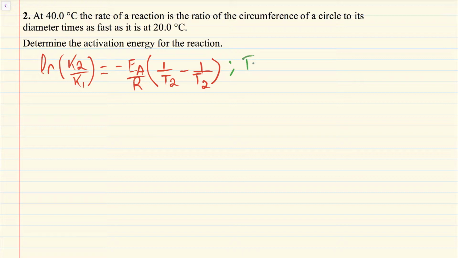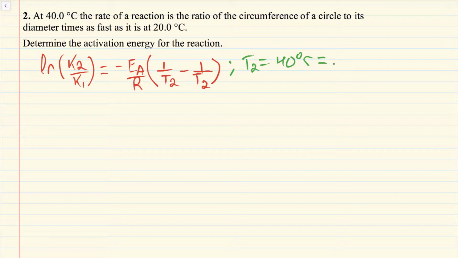So we know that T2 is equal to 40 degrees Celsius. And if we convert it into units of Kelvin, which pretty much all of our equations in first year general chemistry require, you want to convert your degrees Celsius to kelvins.